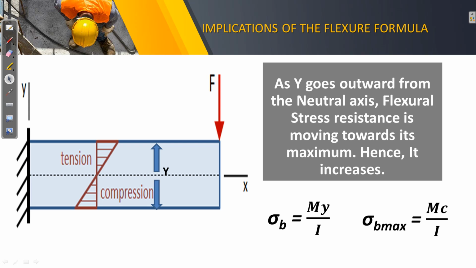So the general formula using this y distance referred from the neutral axis is sigma b is equal to My over I, and the farthest distance is actually denoted by c, so that your stress will be at maximum.